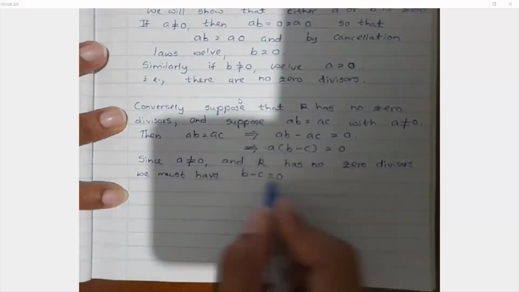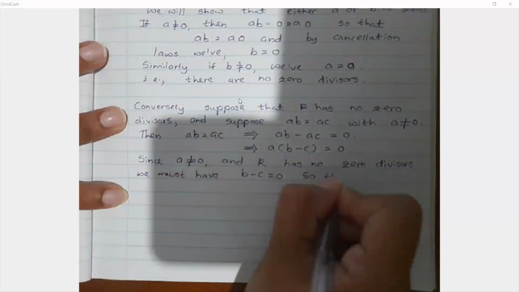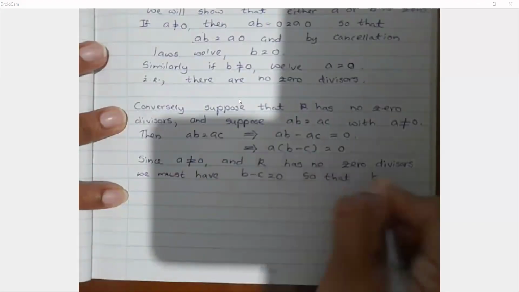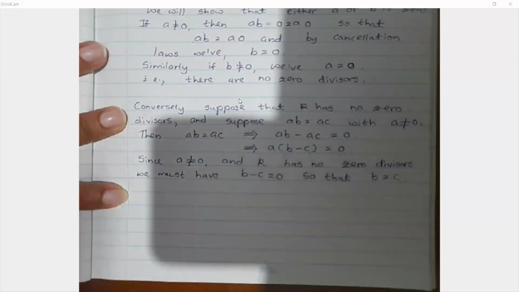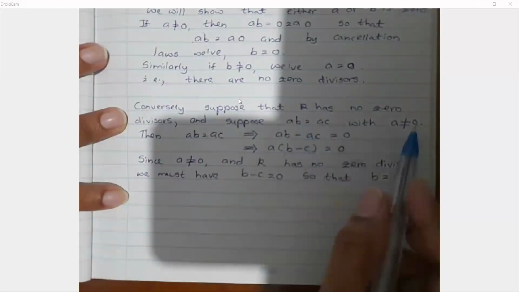Once again, you add C on both sides to see that B is equal to C. Exactly what we wanted to show. So we have AB equals AC with A not equal to 0, A a non-zero element, and we end up having B equals C.